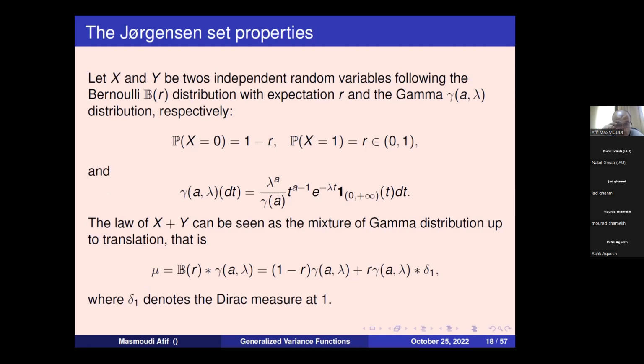So here we consider two independent random variables, X and Y, and the distribution of X plus Y is the convolution product of the Bernoulli distribution with parameter r and the gamma distribution with two parameters and lambda.